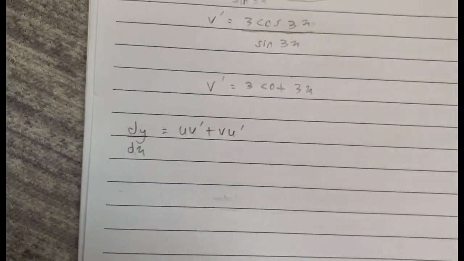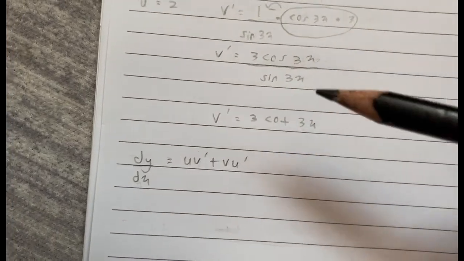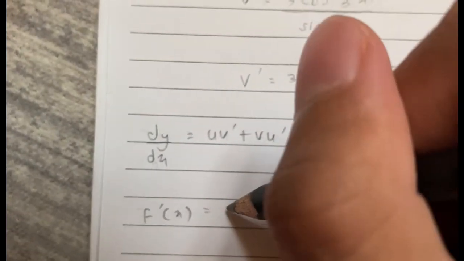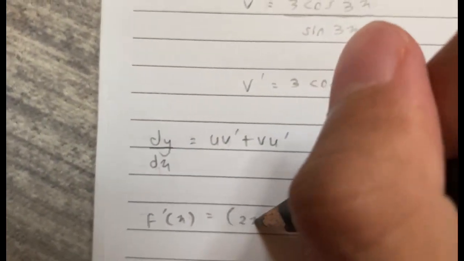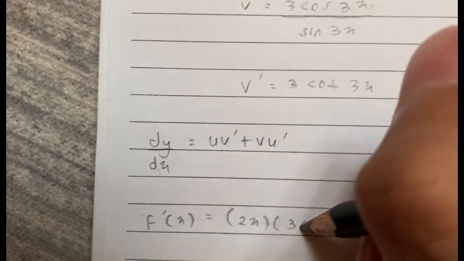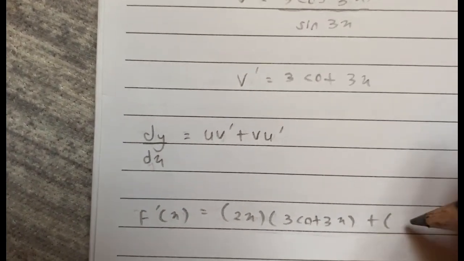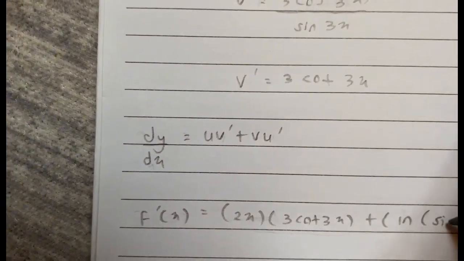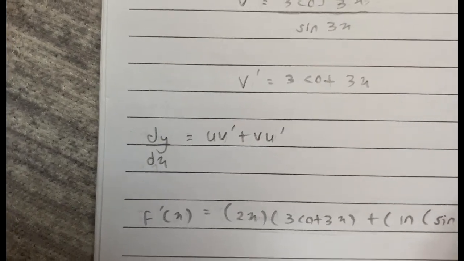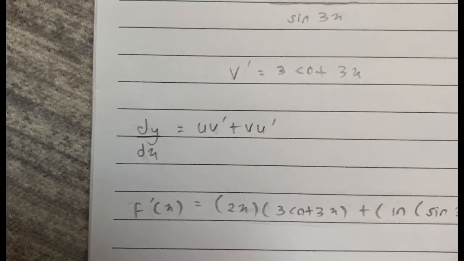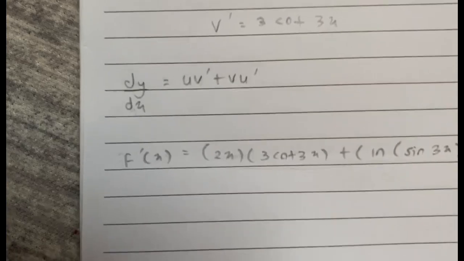We just include this in the formula: 2x times 3 cot 3x plus ln sin 3x times 2.